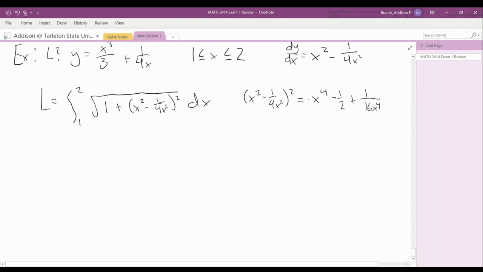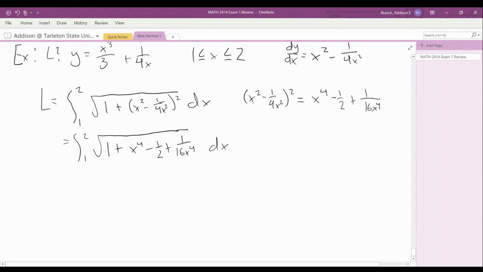Now we plug that back into our integral. We get 1 plus x to the 4th minus 1/2 plus 1 over 16 x to the 4th.